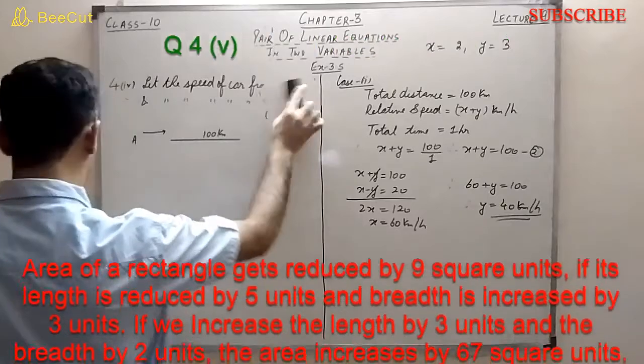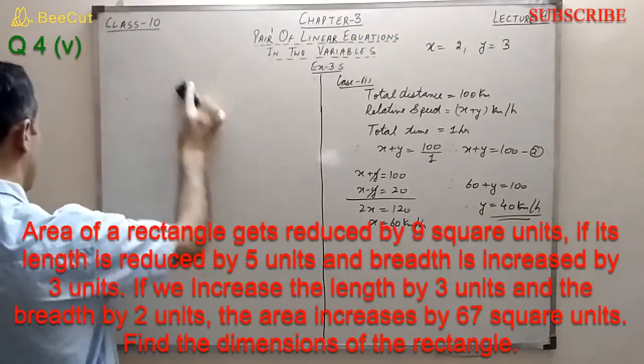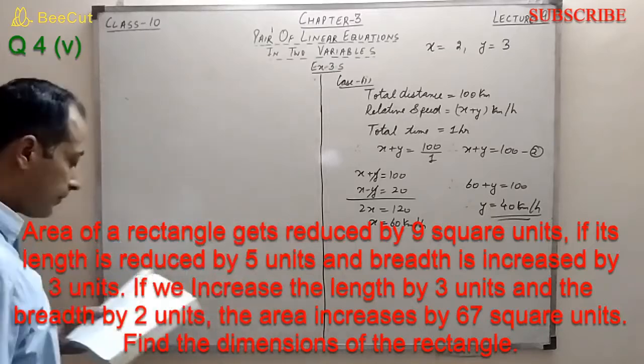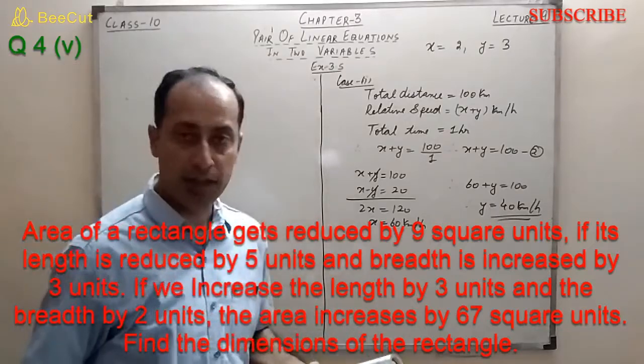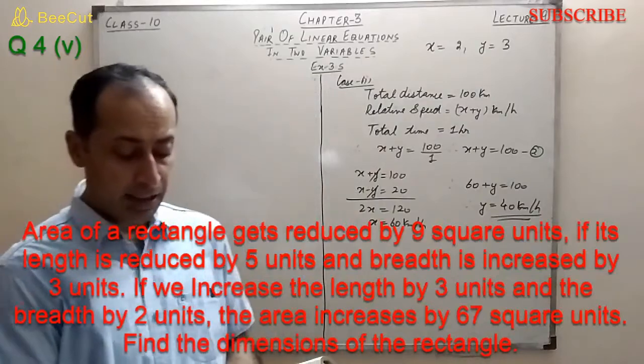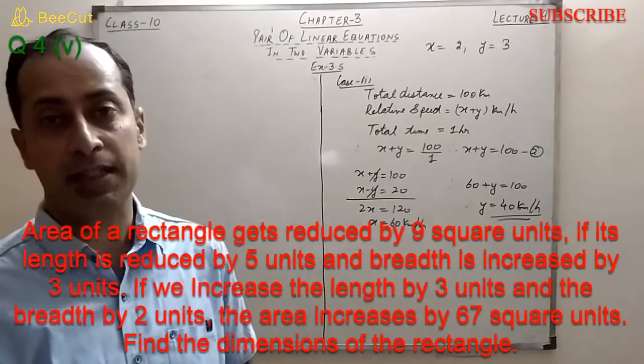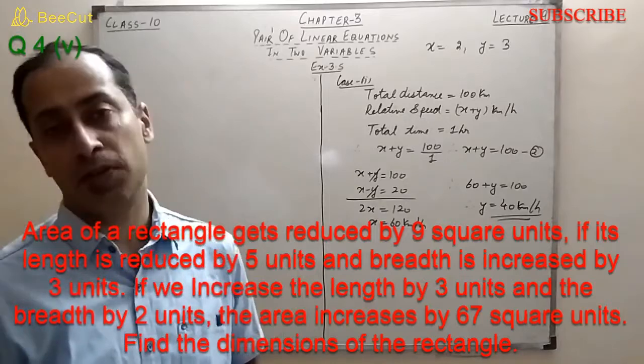Now the last question says: the area of a rectangle gets reduced by 9 square units if its length is reduced by 5 units and breadth is increased by 3 units. If we increase the length by 3 units and the breadth by 2 units, the area increases by 67 square units. Find the dimensions of the rectangle.